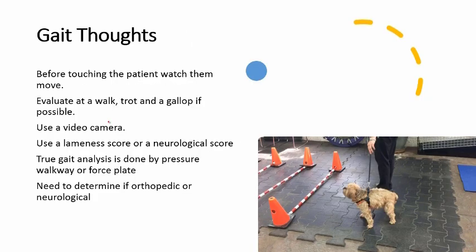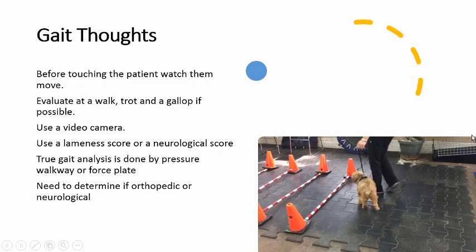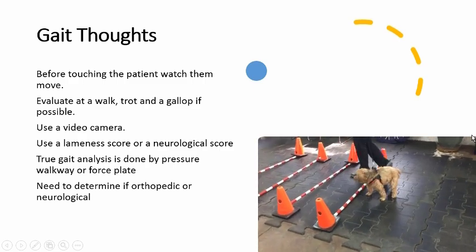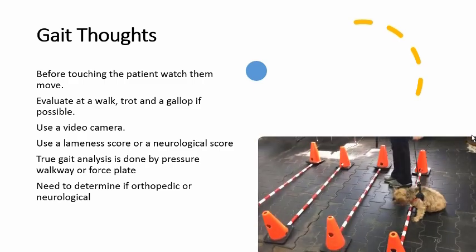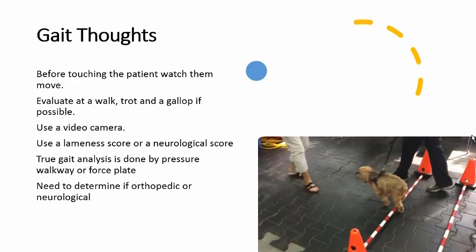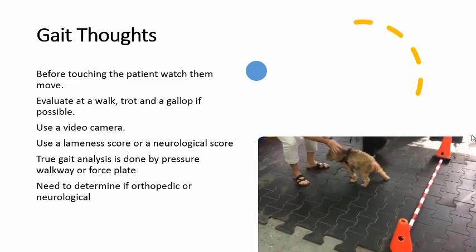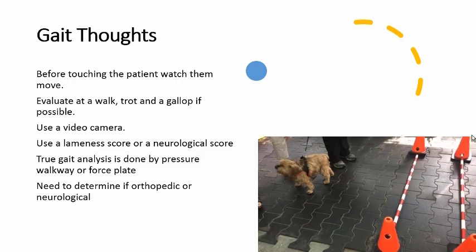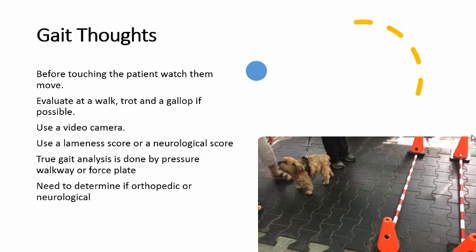So as I was saying, before we touch the patients, we need to watch them walk. And we need to think about using things like a video camera, maybe a lameness score, a neurological score, and asking, does this patient have paresis, or ataxia, or both? Does this patient have an orthopedic problem?